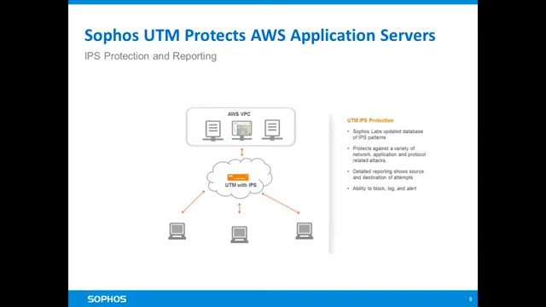It's going to take a look at different types of attacks that are related to common application servers, whether it's DNS exploits, common Microsoft exploits using the standard ports, etc. And it's able to alert you to these types of activities through standard reporting like we saw on the screen, logging events, email alerts, syslog, a variety of different ways to really let you know what's going on. Because as we move these services up into the cloud, again, having that kind of visibility and understanding what's happening is really key to making sure it's secured.